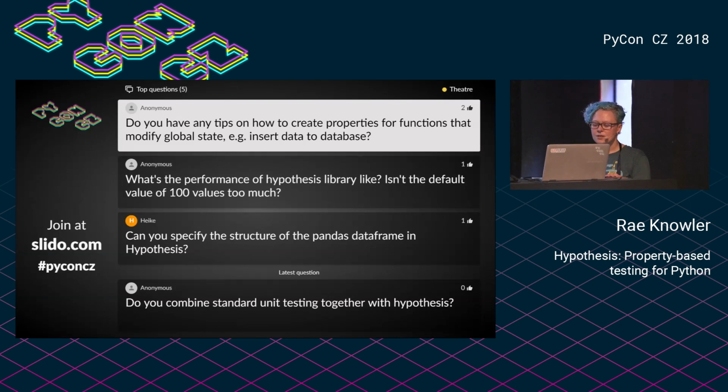So I can do update models and so on with 100 different example inputs, and the test cases will be independent from one another.